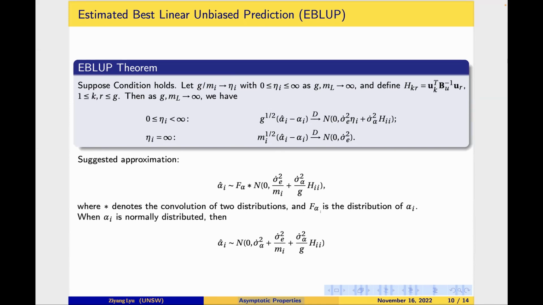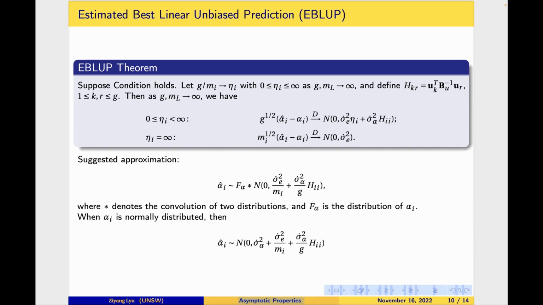So we can rewrite this one as a convolution of two distributions, F_alpha and the normal distribution of that one. So F_alpha is the distribution of the random effect. If our random effect alpha i is normally distributed, we can rewrite this as alpha i hat being a normal distribution with 0 and variance sigma_alpha squared plus sigma_e squared divided by Mi plus sigma_alpha i squared divided by G, multiplied by h_i. So when we get this, we can see the random effect alpha i is no longer just a point estimator.